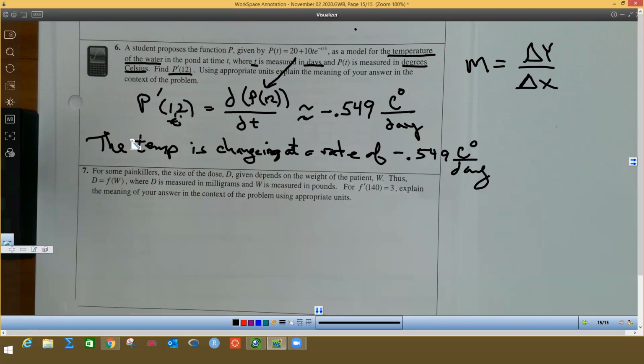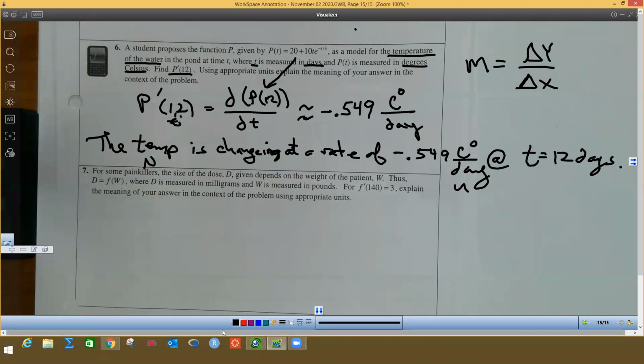Now, I've got two of the things in here: the N for NUT and the U for units. What am I leaving off? T. What's T stand for? At t equals 12 days. That covers the whole thing right there.